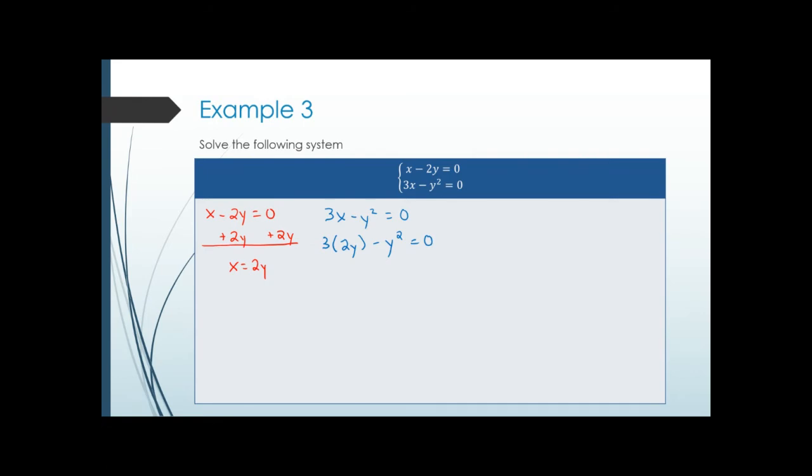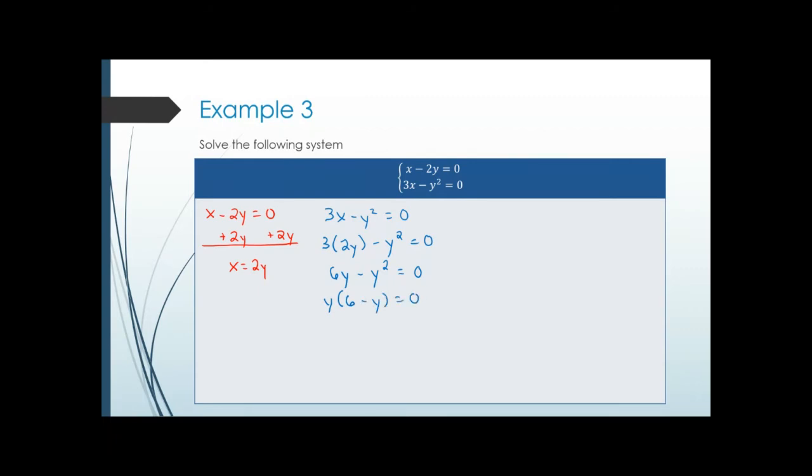So then I have 3 times 2y, so that gives me 6y minus y squared equals 0. So in this case, we're solving for y now instead of x. So I can factor out a y, which gives me y times (6 minus y) equals 0.